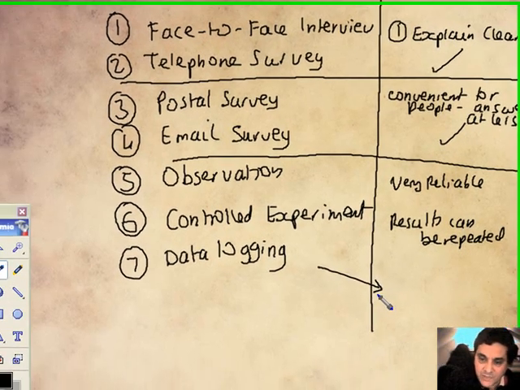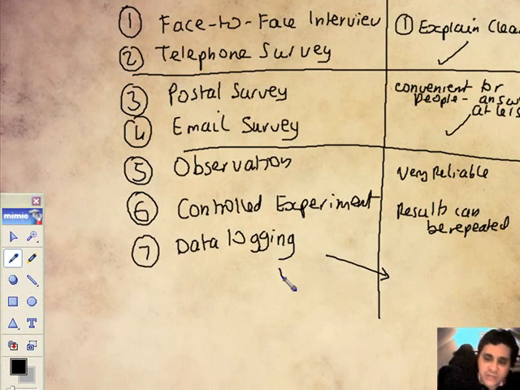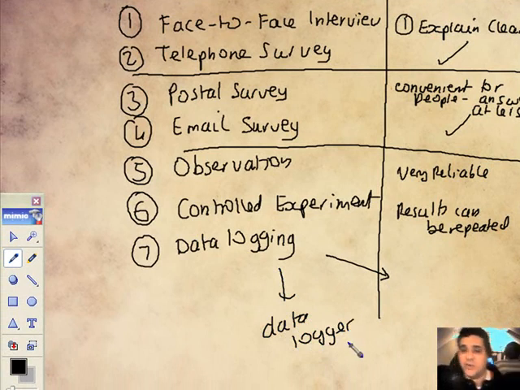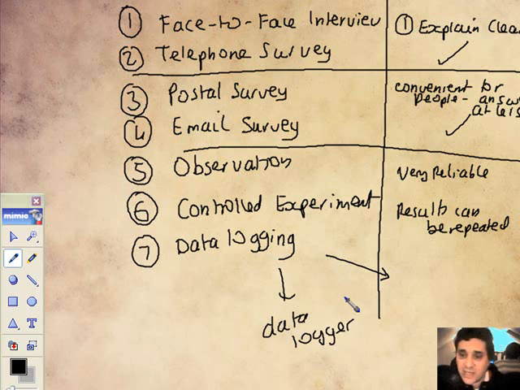Now, data logging uses a machine called a data logger, for example. Does what it says on the tin. So for example, if I want to count the number of people electronically who come into a supermarket on every day of the week, every hour of every day of the week, I can get some fantastic results. Now let the machine do it. So I can collect data continuously.